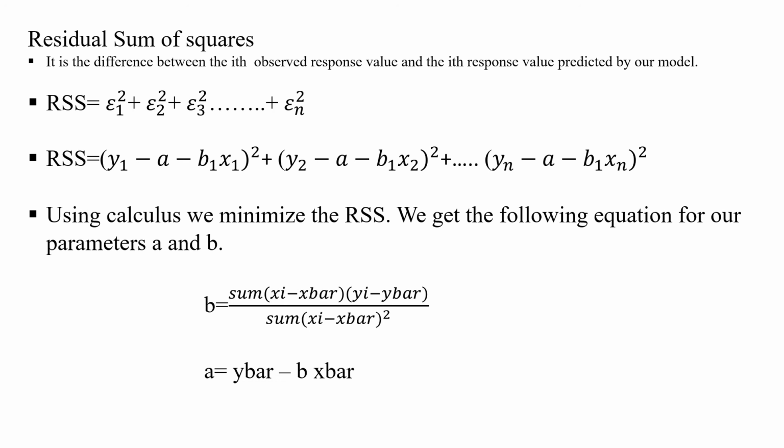This can also be said as the covariance of xy upon the variance of x. And the value of a is nothing but y bar, the mean of y, minus b, which we have found, times x bar.